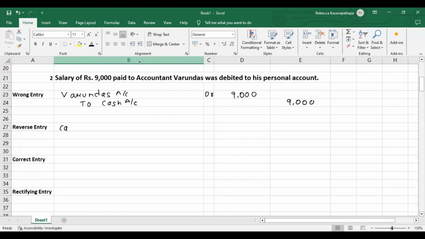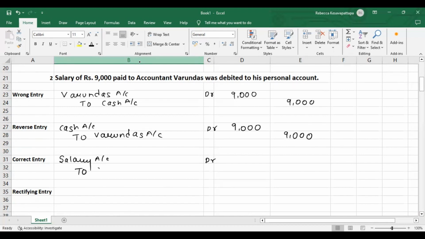The reverse entry will be cash account debit to Varun Das account 9,000. What should have been the correct entry? Debit all expenses and losses, salaries and expense. Salary account debit to cash account 9,000.